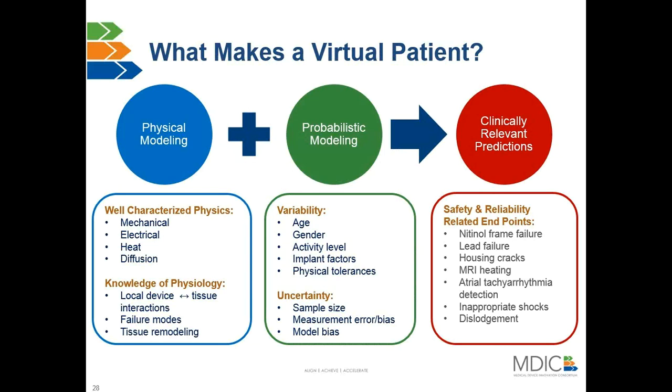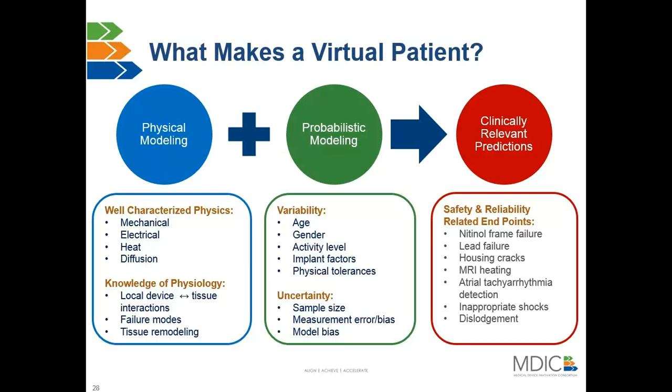So we're talking about these virtual patients. What makes a virtual patient? Well, we do a lot of physical modeling, mechanical models, electrical models, heating, diffusion, understanding the device and the tissue interaction in local areas.